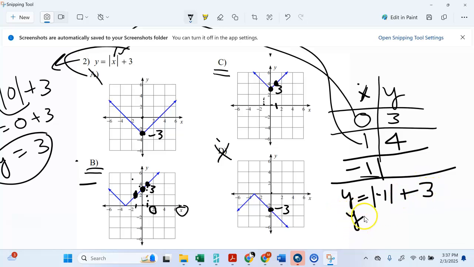So Y equals, remember this turns into +1 plus 3. So Y equals 4.